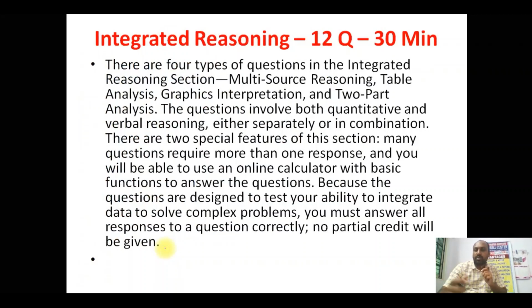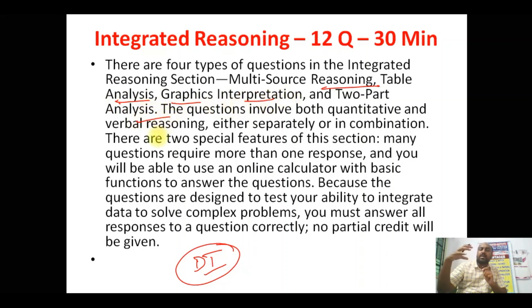Integrated reasoning, these 12 questions, what exactly are we getting in integrated reasoning? It is more like DI, data interpretation, and multi-source reasoning, table analysis, graphics interpretation, and two-part analysis. What is this?